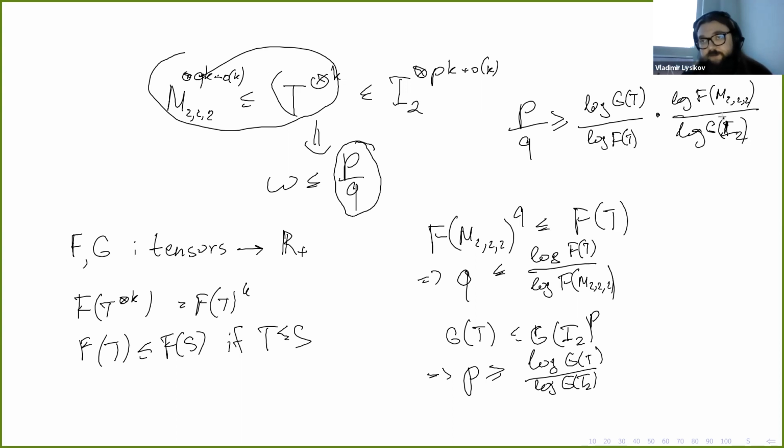So here I used the square matrix multiplication tensor <2,2,2>. But in the same way, we can obtain barriers for rectangular matrix multiplication.